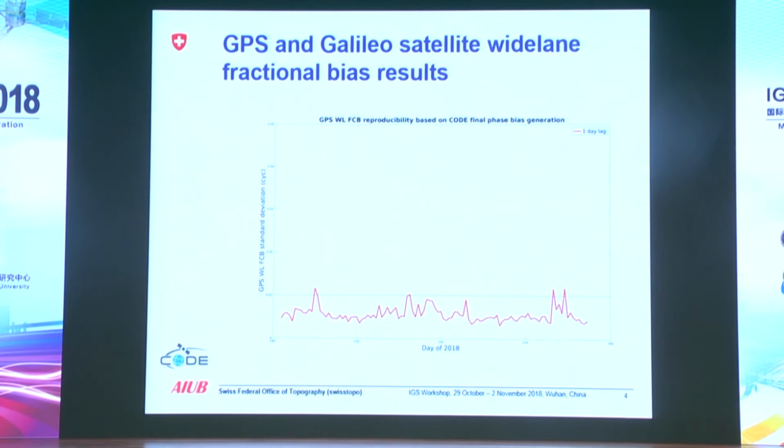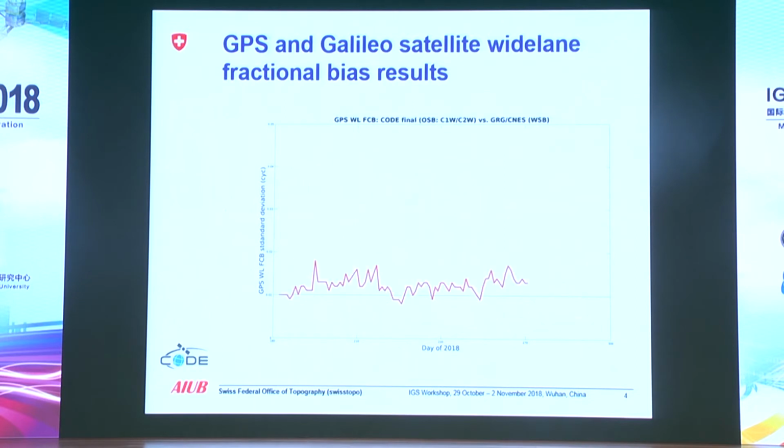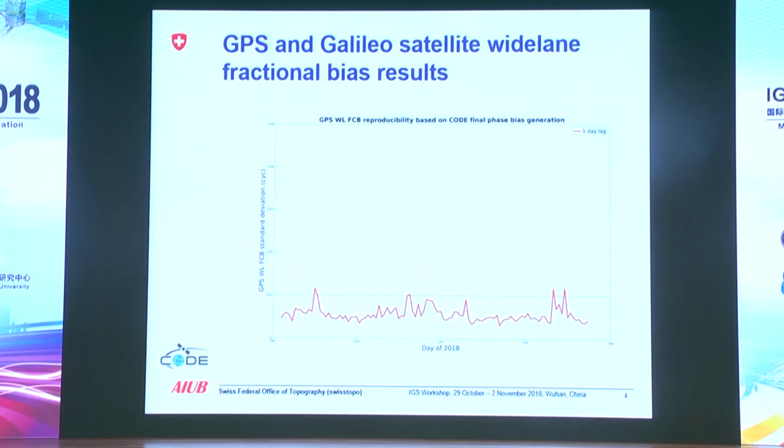This is a comparison of the GPS widelane fractional biases of our final product with those provided by the French colleagues from the GRG CNES group. This is shown here at the level of 100th of a cycle. So excellent agreement, this seems to be a straightforward task.